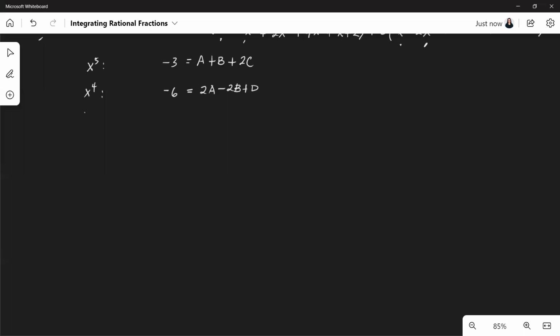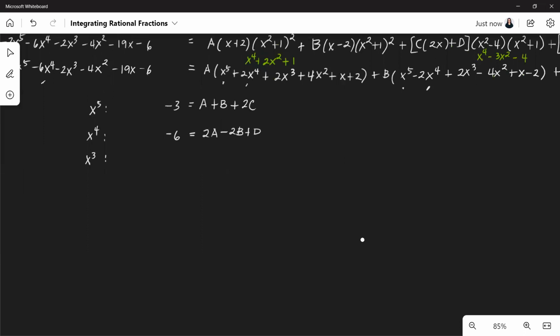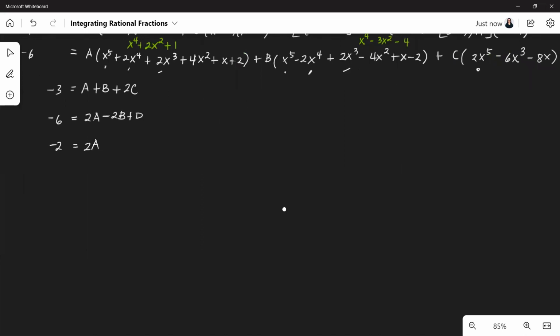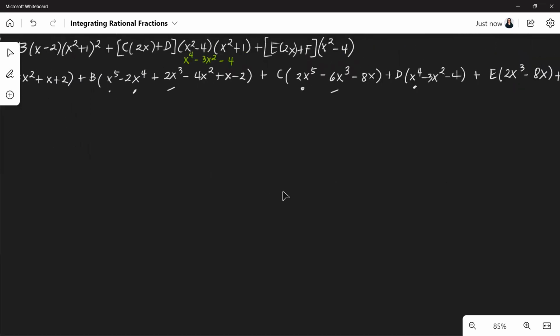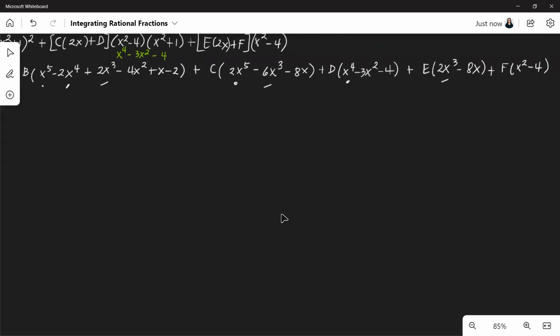Second equation. Next, for the x cubed terms, we have here negative 2 is equal to 2a. Don't forget the a. Then we have this one, so that's plus 2b. This minus 6c. And then we have this one, meaning 2e.